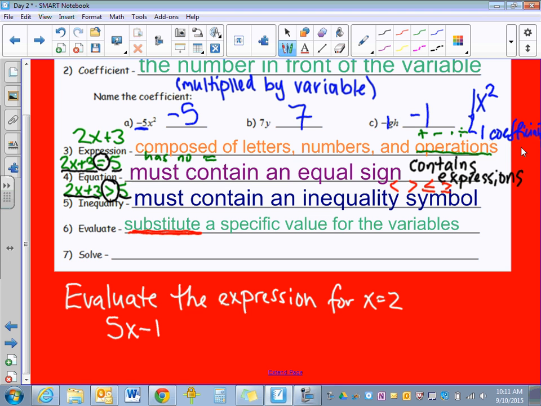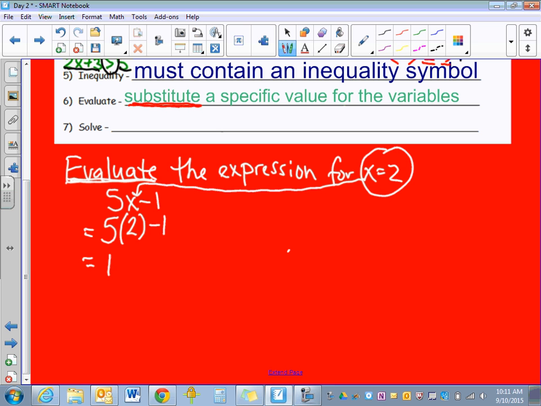So this phrase here, evaluate, means I'm going to take x equals 2, and I'm going to substitute this in for x here. So what I have then is 5, instead of times x, times 2, because x has the value of 2. Minus 1. So then I get 10 minus 1, and my answer would be 9. So evaluate means I'm going to take that value and substitute it in for my variable.